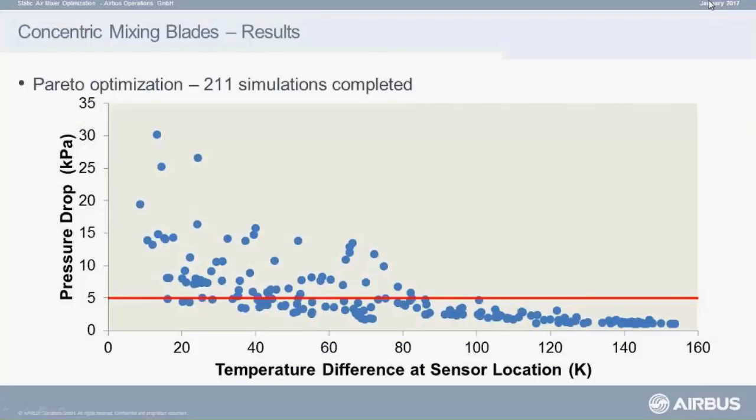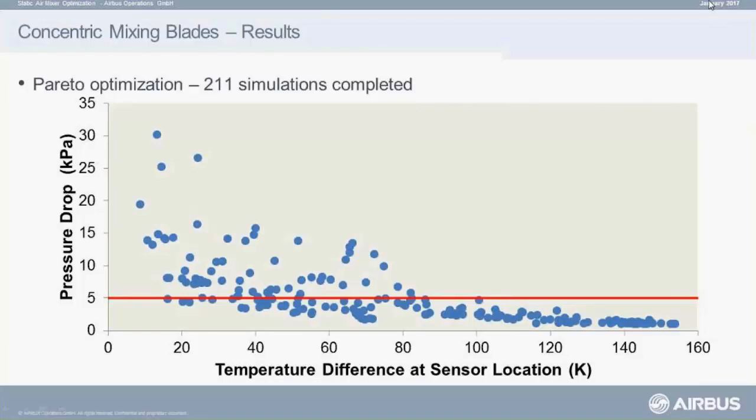And in order to find out the best compromise, the optimization algorithm has to search the complete design space. So an exploration is done in areas where we have low temperatures as well as high temperatures. And we will also later see that we have two major areas of interest.